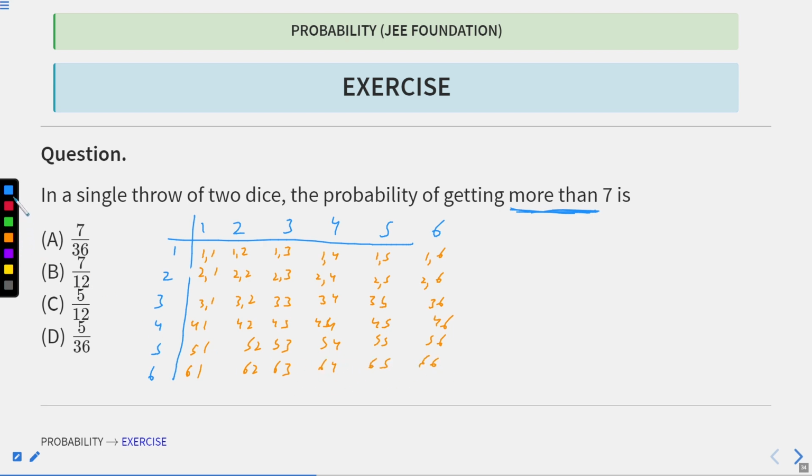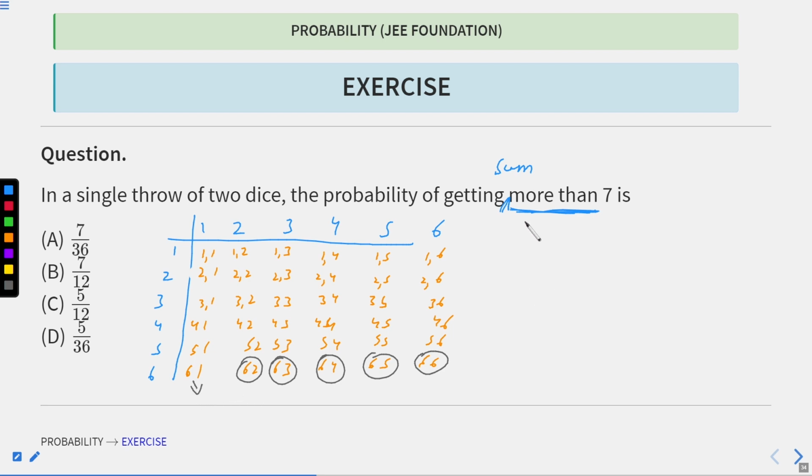So I have to find out the probability of getting a sum of the numbers more than 7. If you see from this, this sum is more than 7, this sum is also more than 7, this sum is also more than 7, but here it is just exactly 7.